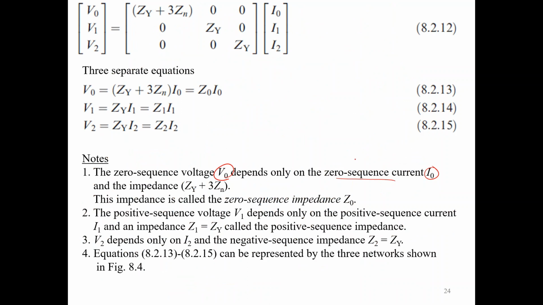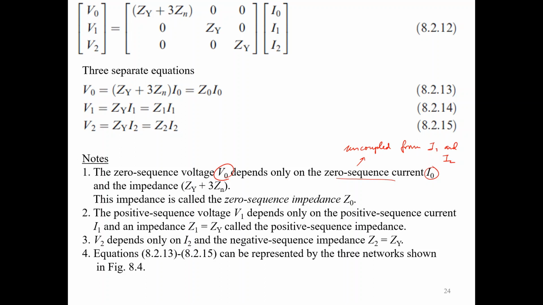So why is this uncoupled? Because V0 is governed by just I0 and the impedance, so it is uncoupled from I1 and I2. If you talk about the zero sequence, it all depends on zero sequence quantities.